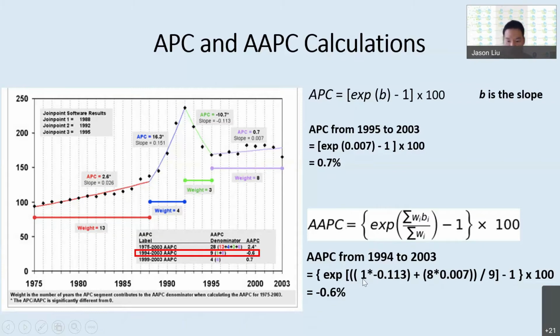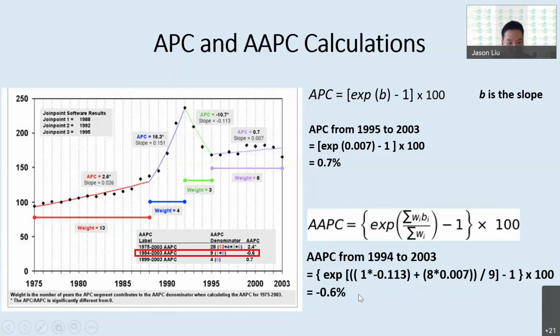Okay, so we basically just plug in the weight, which is the number of years, and then the APC, okay? And then we just divide that by the total number of years, which is 9 years. And then we can get that the AAPC from 1994 to 2003 is negative 0.6%.